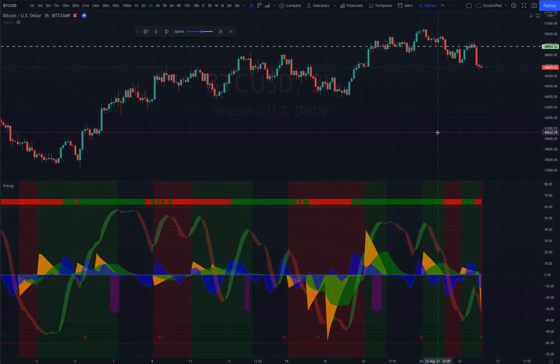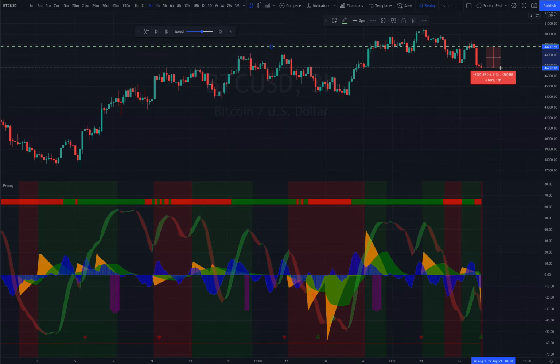Now we have three down. I would have to get out of that and take that loss. So they're not all perfect. We have to multiply that by 20% loss. Let's see what happens moving forward.